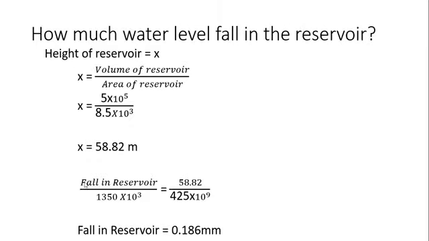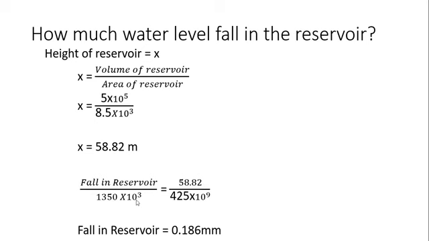Here we have done the same thing. Fall in reservoir we need to find. X is also given, 58.82. It is the total height divided by total energy. So this means that if this is the total height, it can give us this total energy.